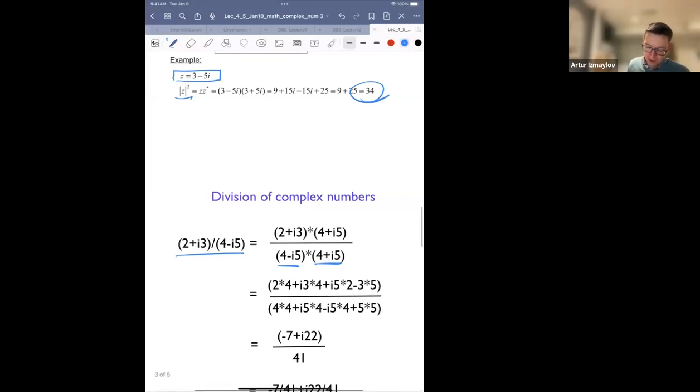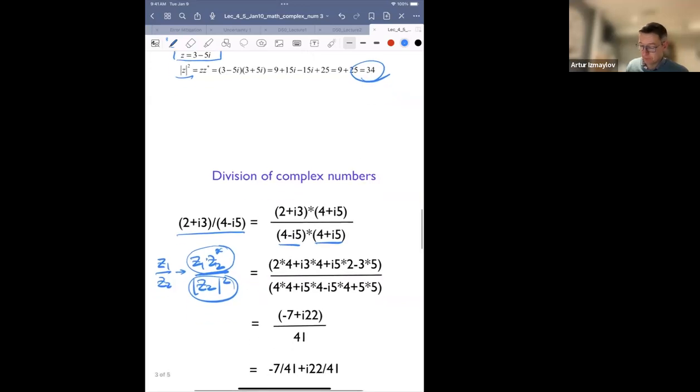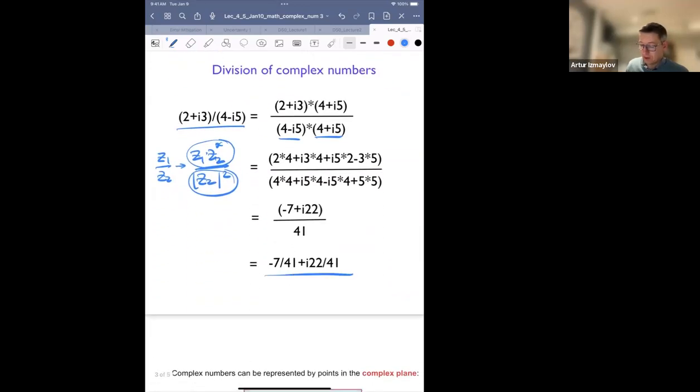Generally speaking, if we have z1 divided by z2, we multiply both expressions by z2 star, and then we get a real number in the denominator, and we know how to divide by real numbers. The numerator is some complex number, and we've already seen how complex numbers are multiplied. Okay, so the result you can check.